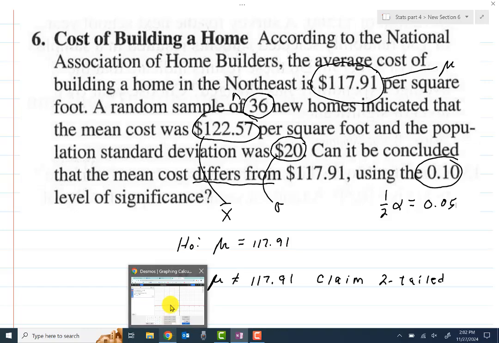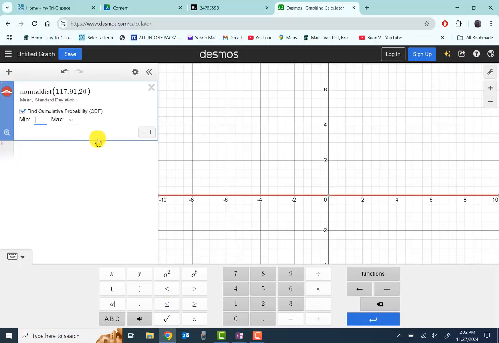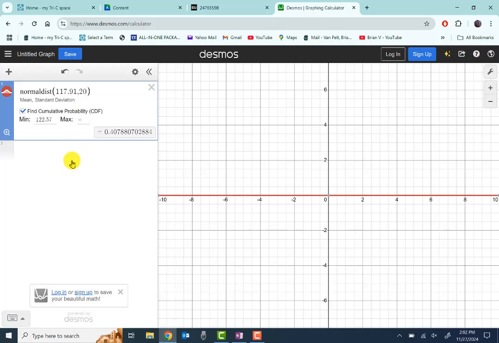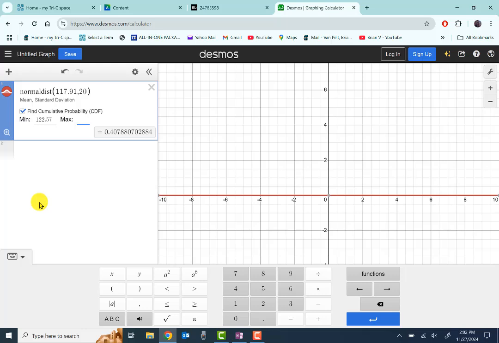So let me come back. 122.57 and leave that as infinity, like so. You can just type in infinity. Let me try this again, INFINITY. There, it locks it in place.